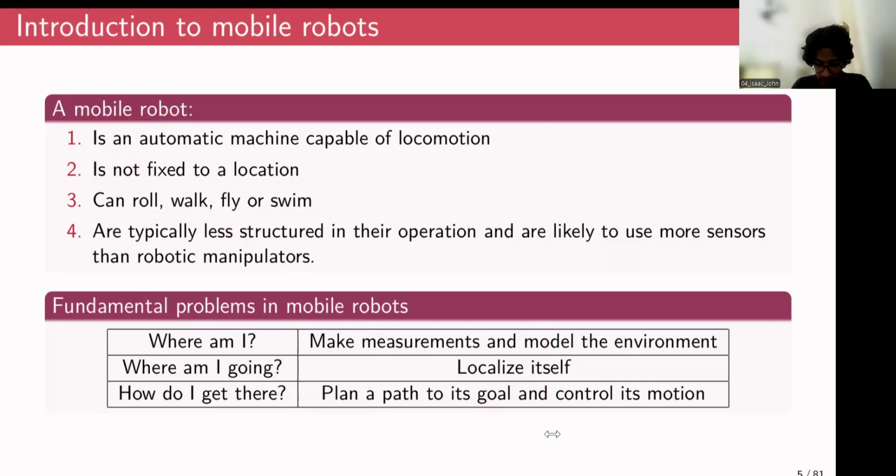They are typically less structured in their operation and are likely to use more sensors than robotic manipulators. As I have said, they are deployed into a workspace with very minimal knowledge about their surroundings and the obstacles they are dealing with. Most probably they only know their starting position and their end position.